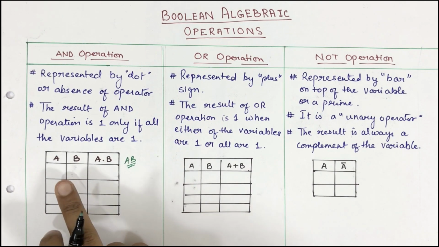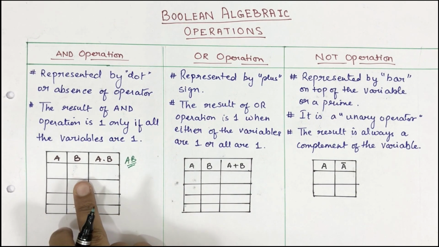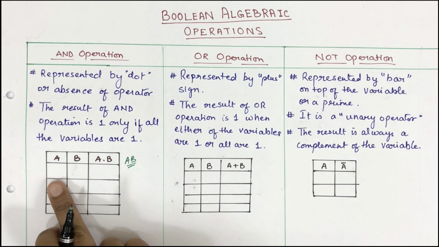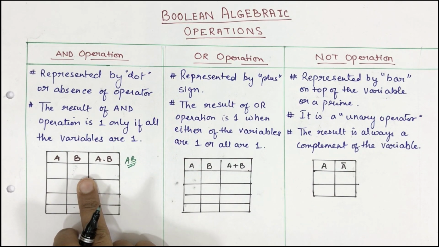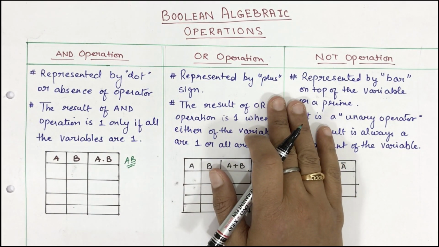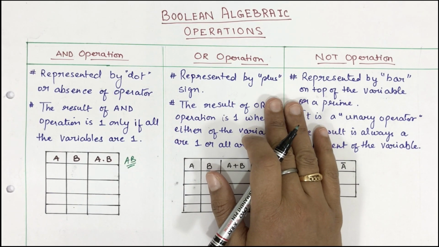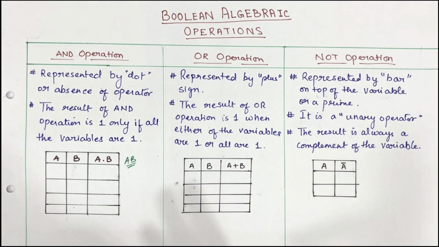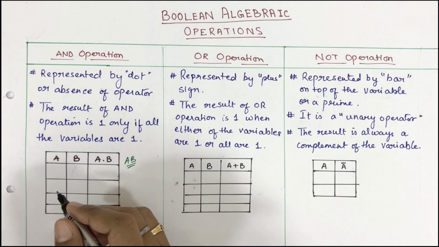Suppose we are considering two variables A and B, and as we know, these are Boolean algebraic operations. Boolean means two values, 0 and 1. So we will be taking the combinations of 0 and 1. What will be the combinations?